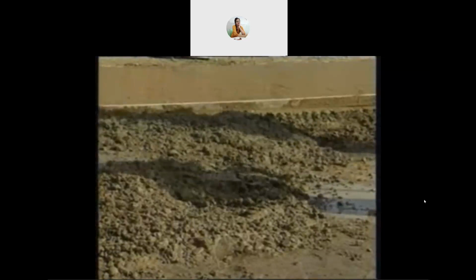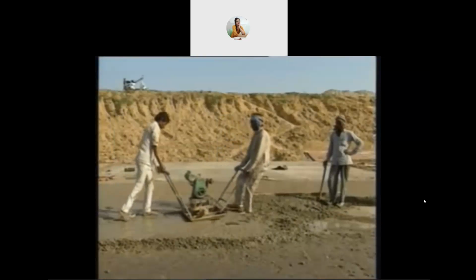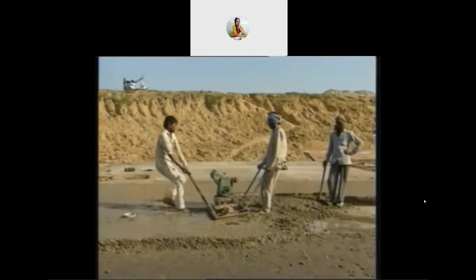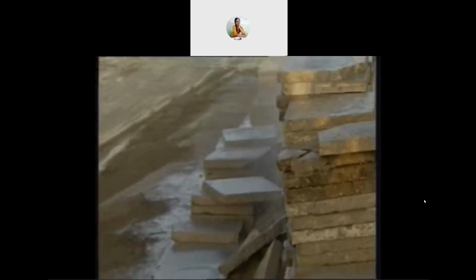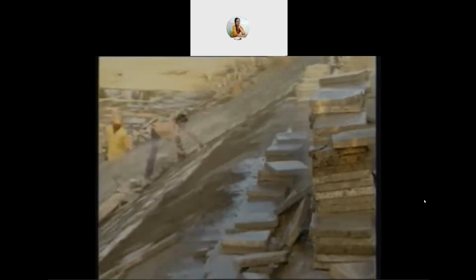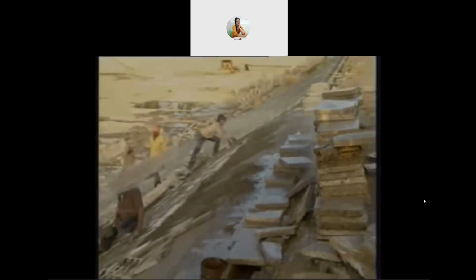Cement concrete lining is preferable because of its greater resistance to erosion and where the channel is to carry high velocity water. Precast concrete tiles are more compact and impervious.